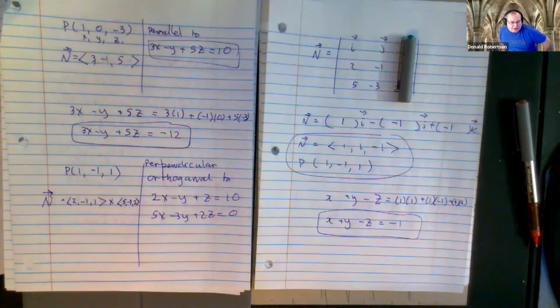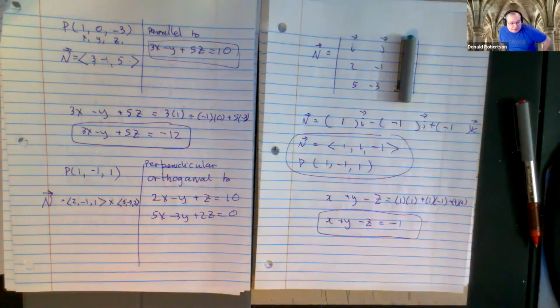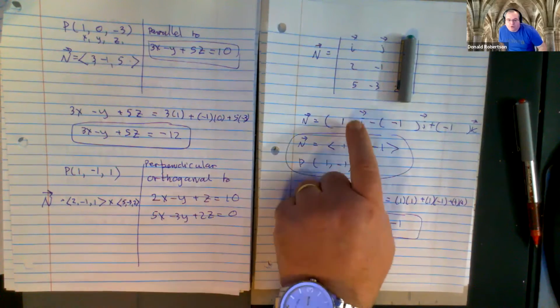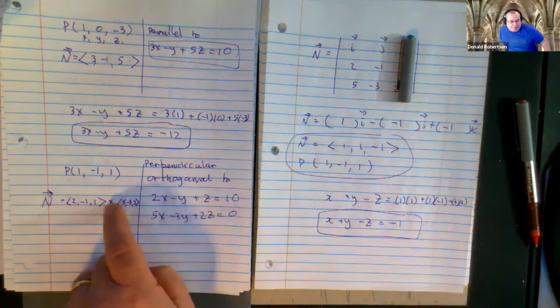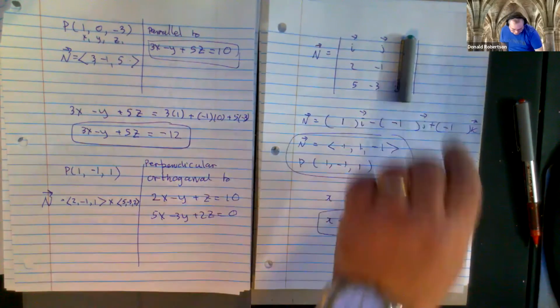So if you are given a point and you're told that your plane is perpendicular to two others, you'll get the normal by a cross product of the normals of these two guys, right?